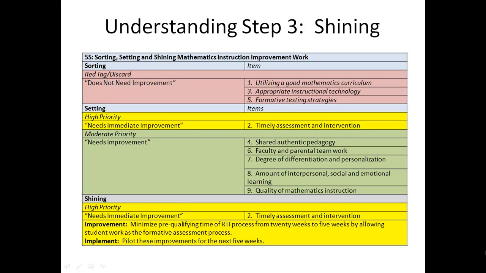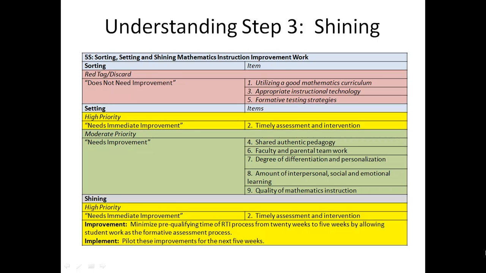It ends up taking the student 20 weeks before we can even figure out if they're going to receive the RTI intervention. Well, 20 weeks is a long time. As you know, that's a semester's worth of mathematics instruction that has gone by.